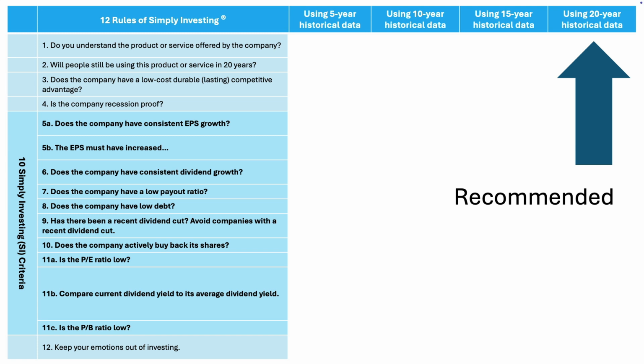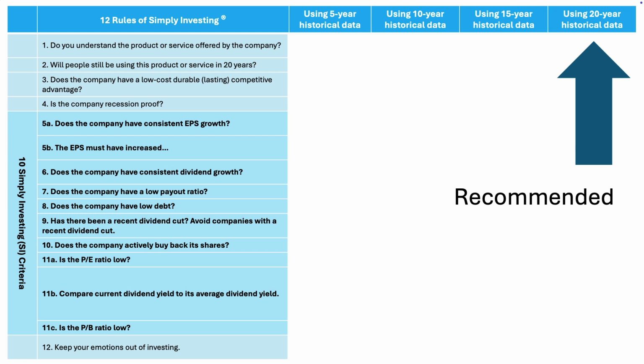And that's what I recommend. We always recommend, and you'll see in the application, the default is always going to be the 20-year historical data. Now, I know there's customers out there that want to look at a shorter time period, so you can certainly do that by looking at the 5, 10, or 15 year.